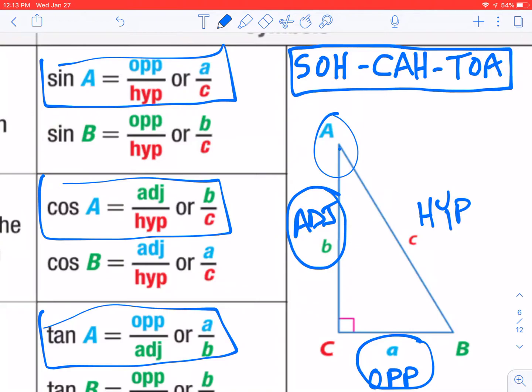That helps us remember what angle goes with what side, what trigonometric function goes with what two sides. So sine goes with opposite and hypotenuse. Cosine goes with adjacent and hypotenuse. TOA, tangent, goes with opposite and adjacent.